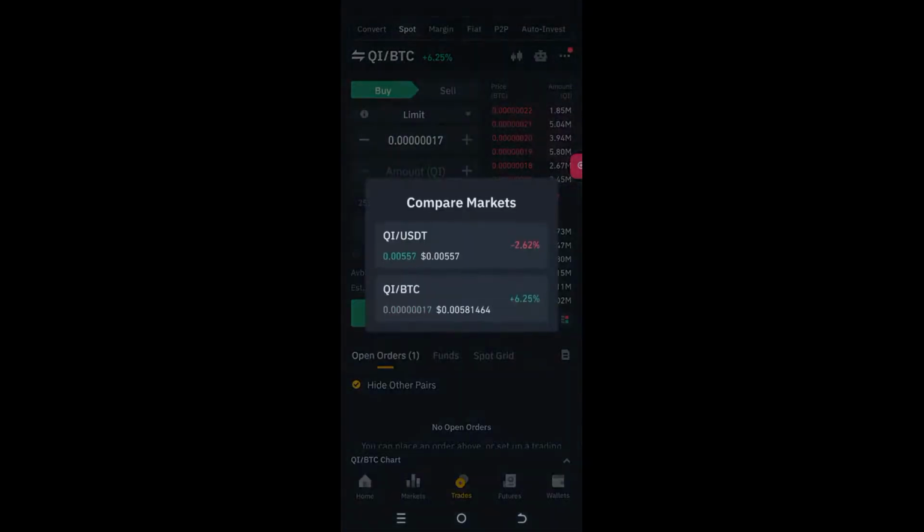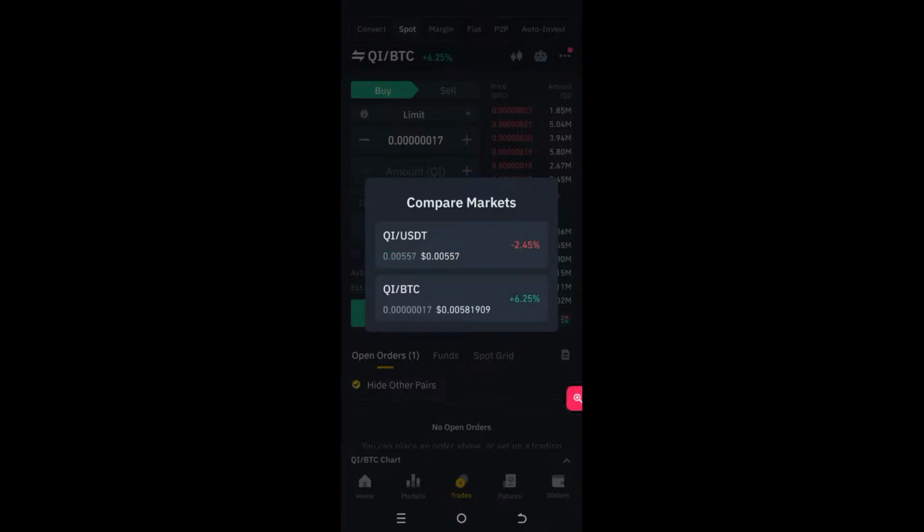Right now we have QI, USDT, and BTC here, and we want to check which one is cheaper, because don't forget, we are buying low and selling high. These are the two markets where QI, our target coin, is listed.